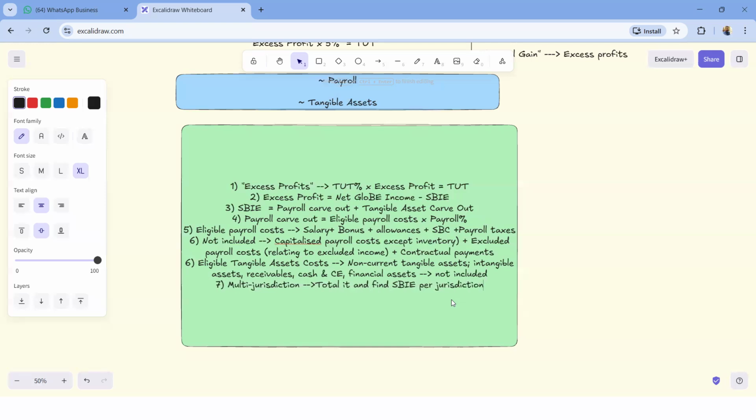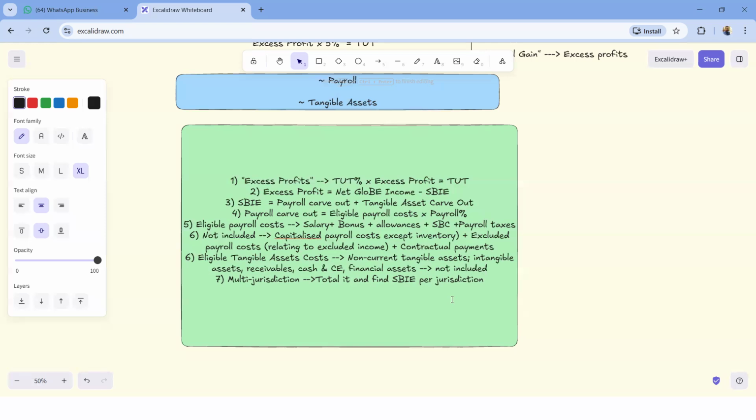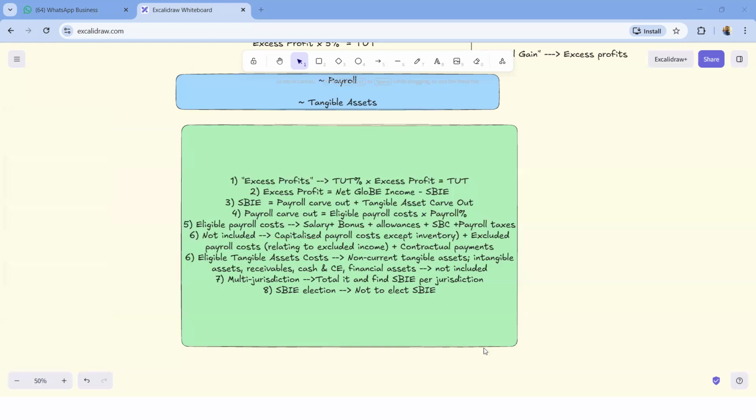You either find SBIE for each entity and add it up, or you accumulate the eligible tangible assets and payroll and then multiply by the SBIE percentage. Either is fine, you'll get the same answer. And there is also the SBIE election, where you can choose not to elect SBIE. These are the fine points we learned today.